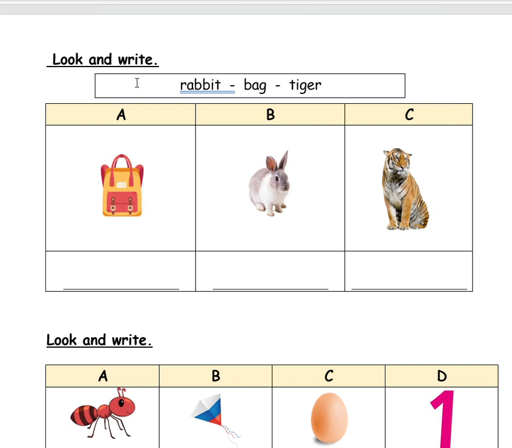Now the next activity also you have to write the name of the pictures. Okay, look and write. So we have here word banks, or word box. Rabbit, bag, tiger. Now, this is the picture of bag. This is rabbit, and this is a tiger. So we'll start with the word number 1.